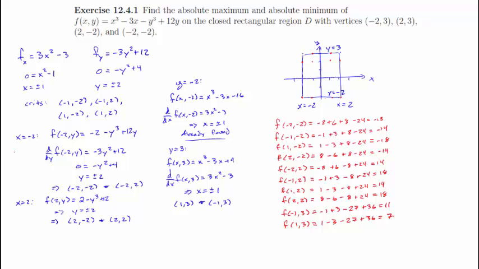So if x equals negative 2, I plug that in for x. I get f(-2, y) equals negative 2 minus y cubed plus 12y. I take the derivative of that with respect to y, and I get negative 3y squared plus 12. I set this equal to 0, and I get y equals plus or minus 2.